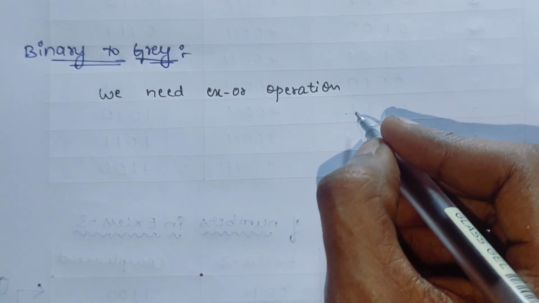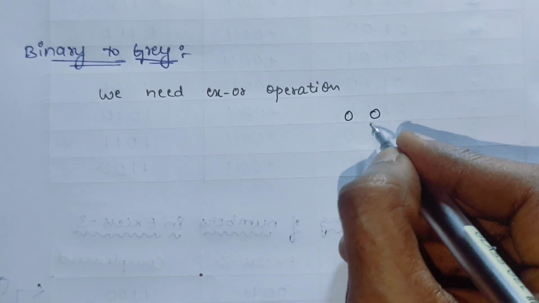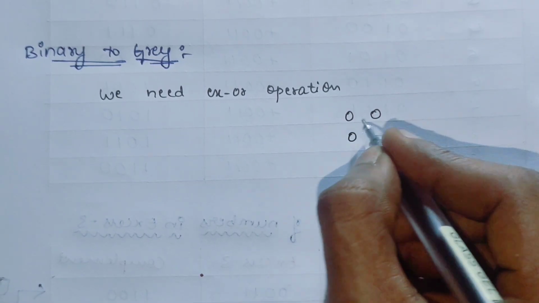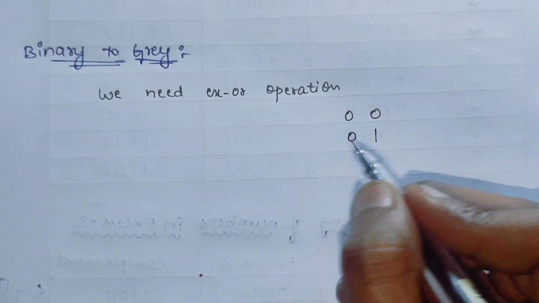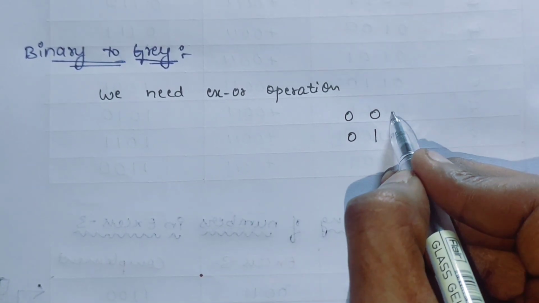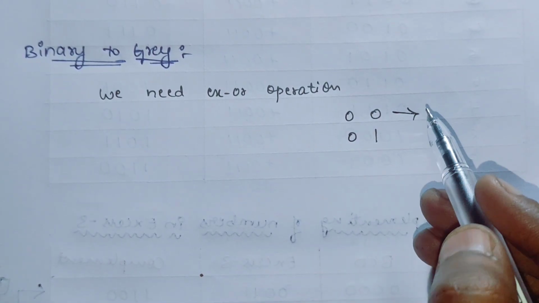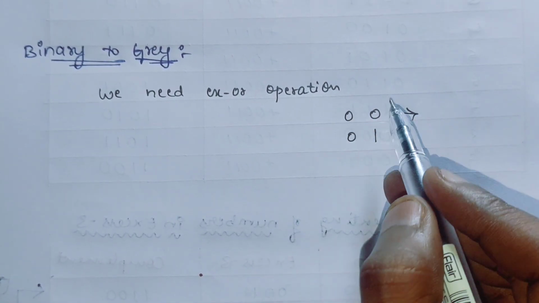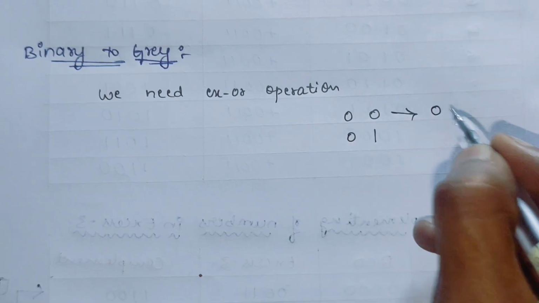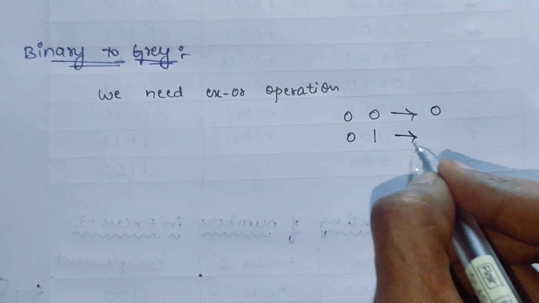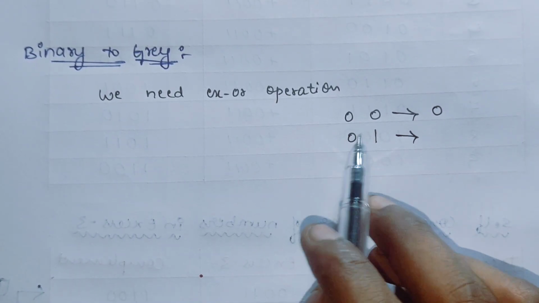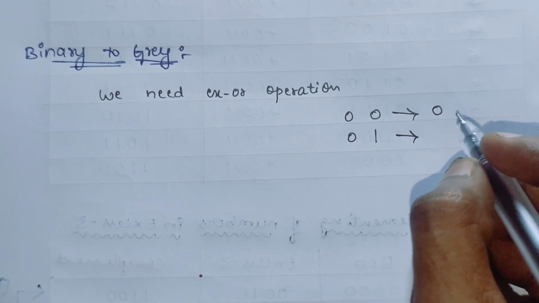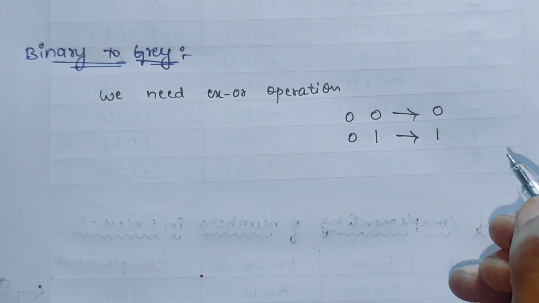Take two inputs like 0, 0 and 0, 1. This is one input and this is the other input. In XOR, if the inputs are the same like 0, 0 or 1, 1, the output will be 0. If the inputs differ like 0, 1 or 1, 0, you get an output of 1.